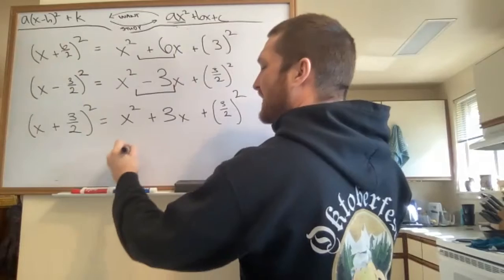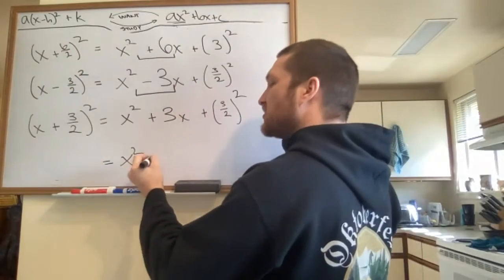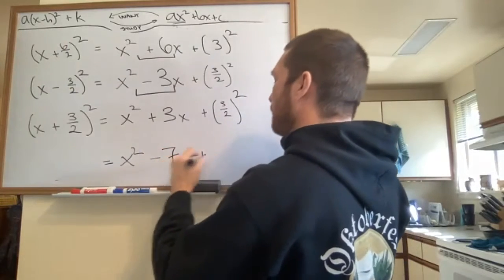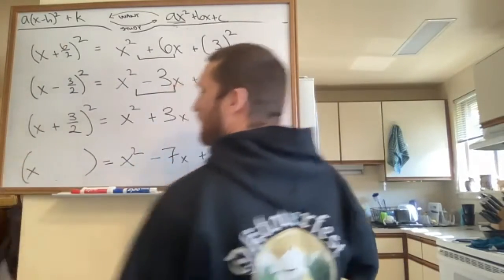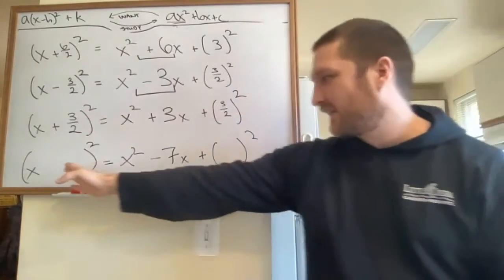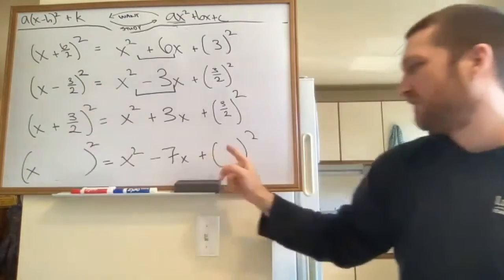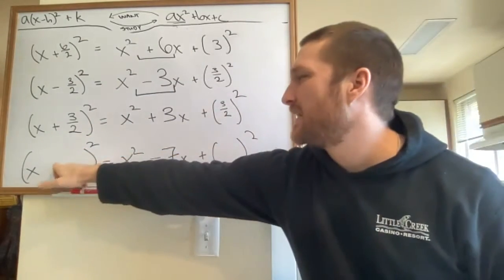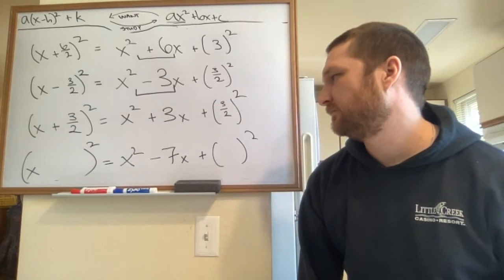If I have x squared, so now let's do this. x squared minus 7x plus something here, and I want to reconstruct what it must have been. This is exactly what your homework looks like. And I'm asking you to fill in here and fill in here. And so what sign must this be over here? Minus.